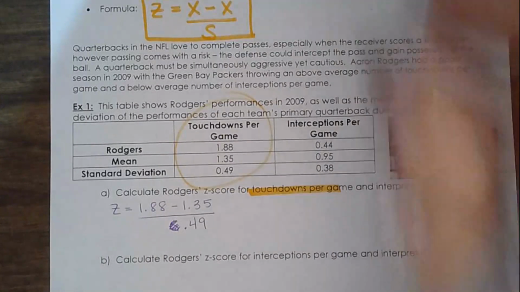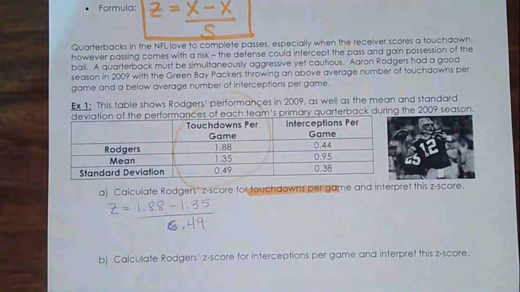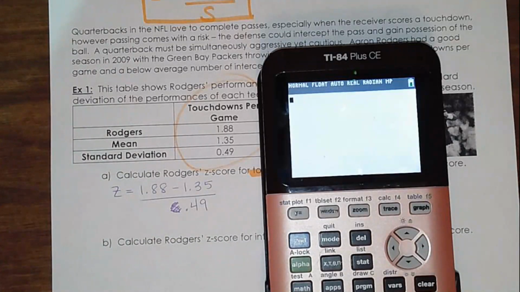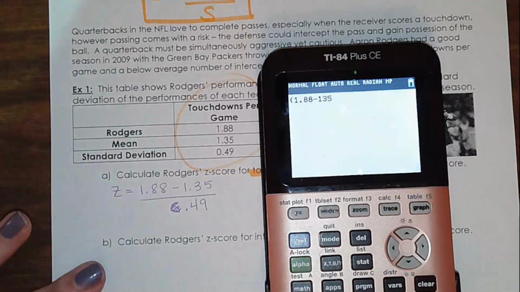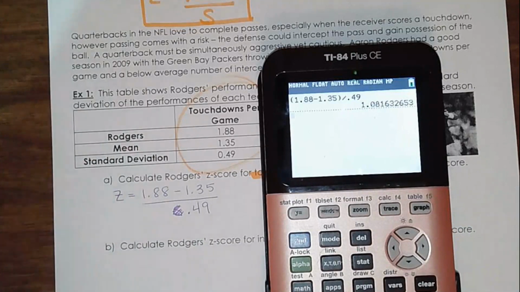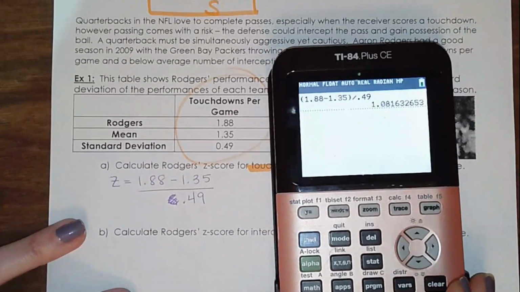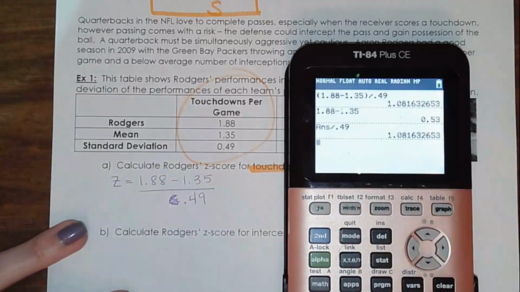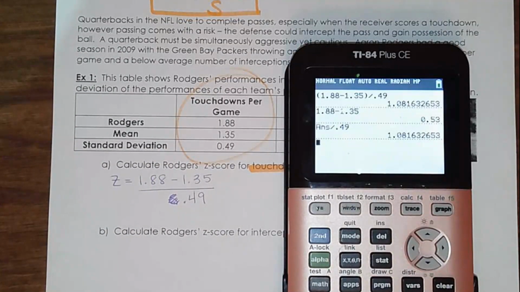When you enter this in your calculator, you can enter it all in at once, but make sure you have parentheses around your numerator. You don't have to enter it all at once. You could just do 1.88 minus 1.35, enter, and then divide that by 0.49. But if you do want to enter it all in at once, you have to put parentheses around that numerator. So if we round to the nearest hundredth, 1.08.